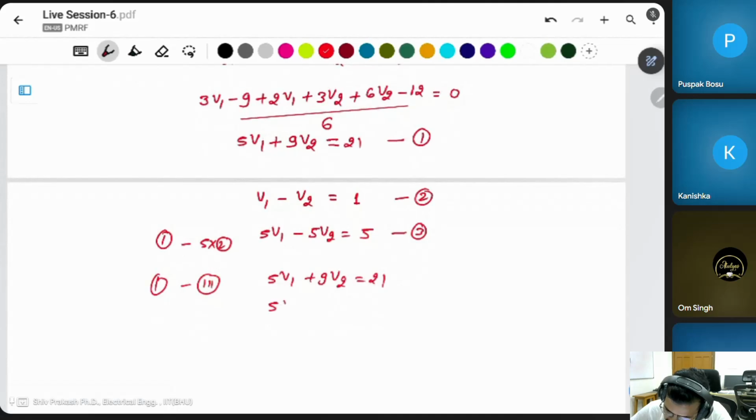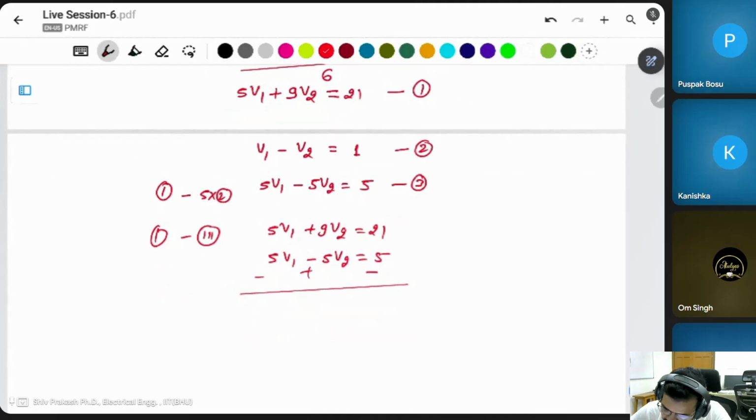Second one is 5V1 minus 5V2 is equal to 5. Subtract these two. V1 cancels out. 9 plus 5 is equal to 14 V2 is equal to 16. Then V2 is equal to 16 divided by 14 equal to 1.143 volt.